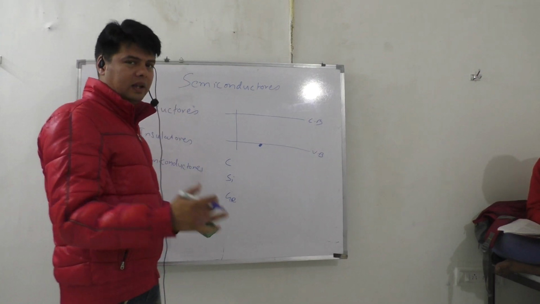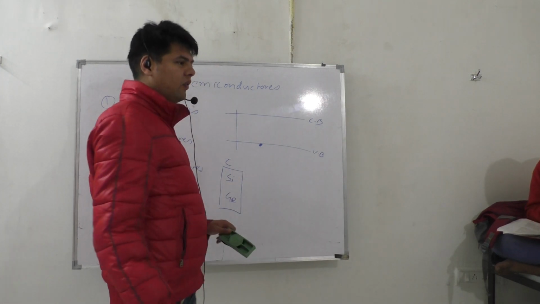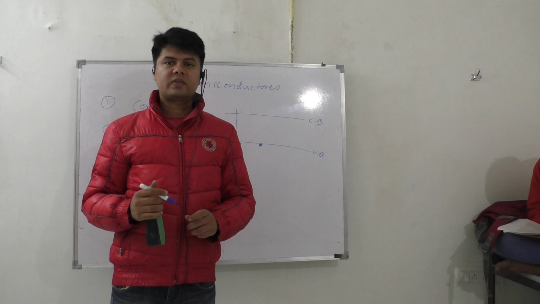So only these two materials, silicon and germanium, reflect the property of semiconductors.